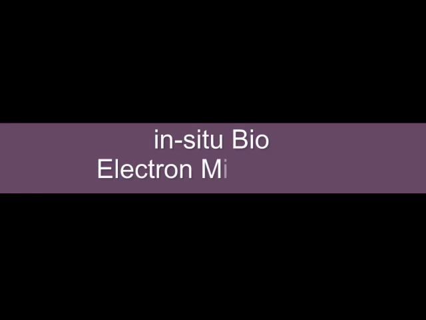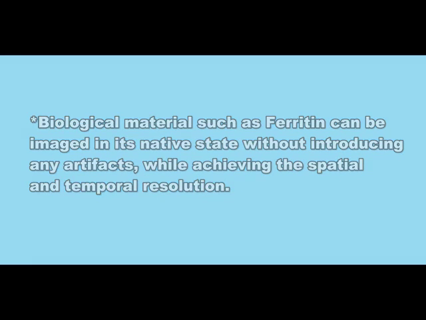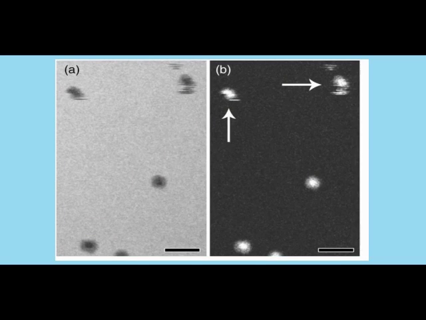So people looked for other techniques and went with in situ techniques. With in situ techniques, biological materials can be imaged in a native state without introducing any kind of artifacts. This is one of the dynamic TEM images showing the ferritins in the in situ liquid state. But we had better techniques too for getting better resolution.